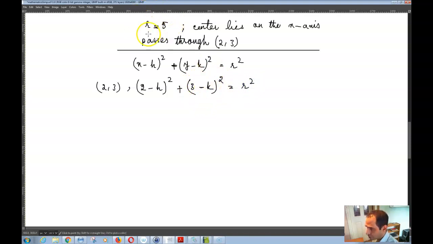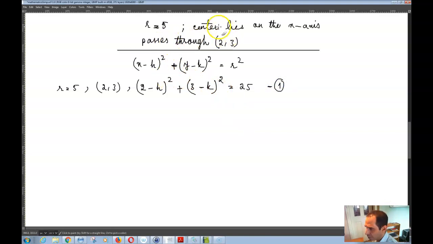And since r is equal to 5, r squared is equal to 25. So I can write over here 25. I call this equation number 1.